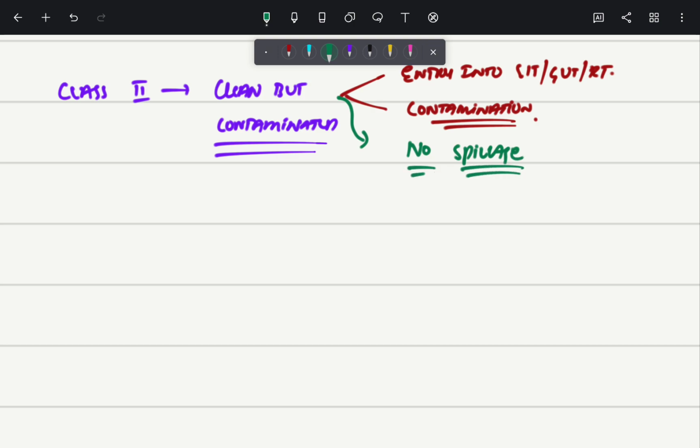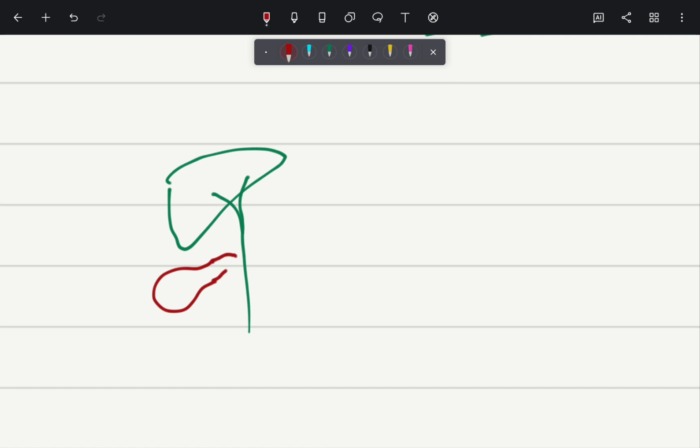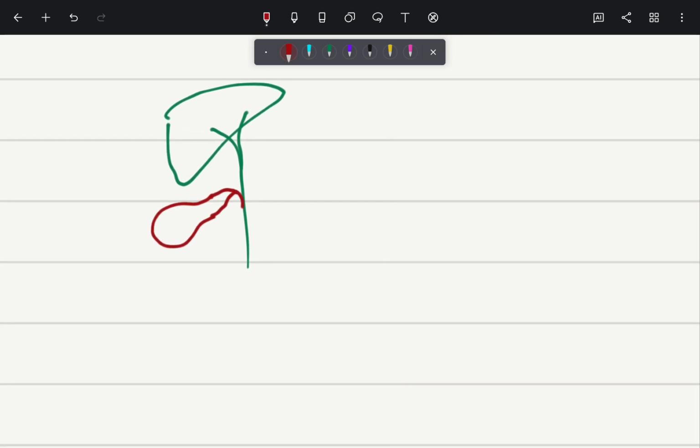Now what is meant by spillage? Suppose this is the liver and here is your gallbladder. Now on this gallbladder, we are going to perform an operation called cholecystectomy, in which we remove the gallbladder.